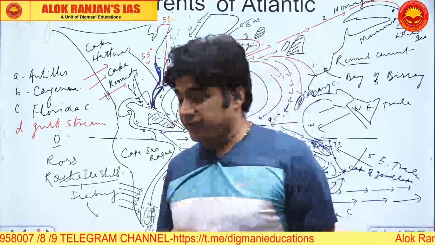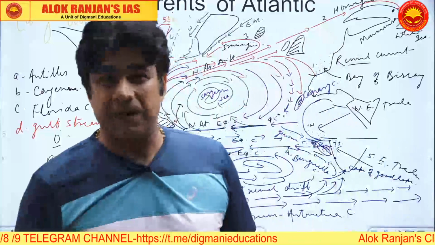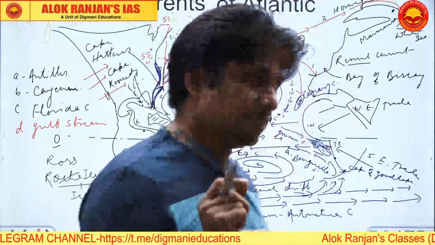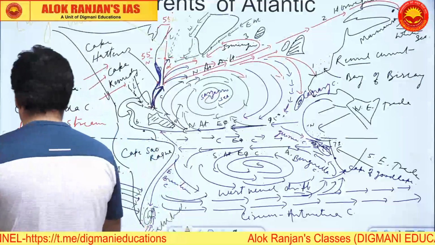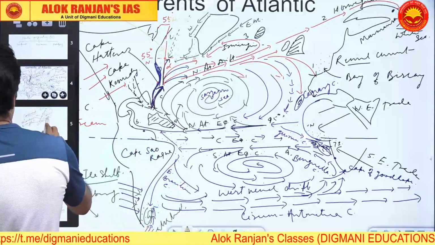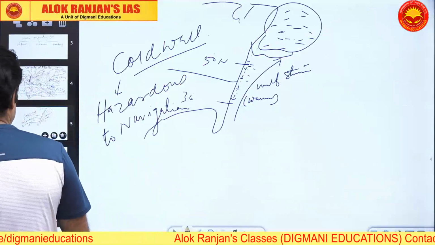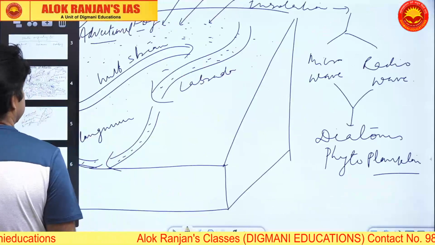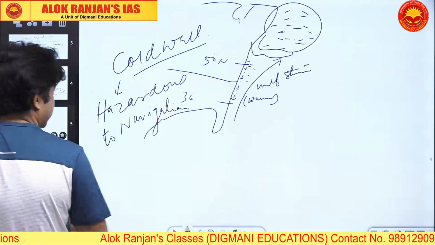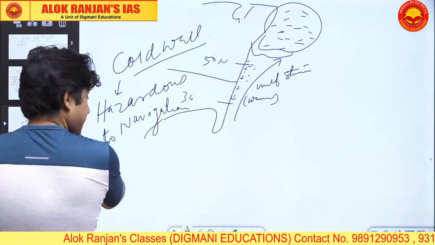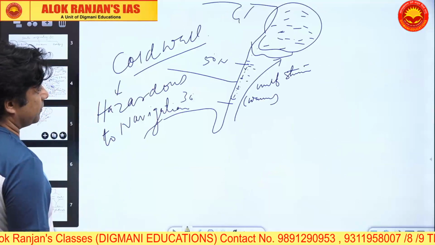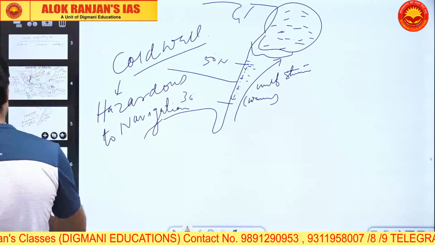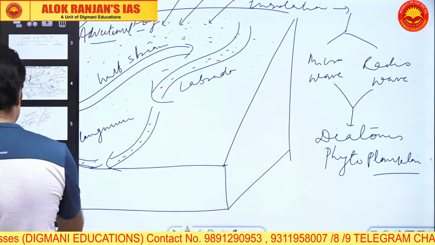Now, there is another discussion point coming up after the 30 seconds break, or I'm giving you the opportunity to draw these diagrams. Draw this diagram also, then draw this diagram also. First do this. This is cold wall phenomena, and this is your Langmuir circulation.